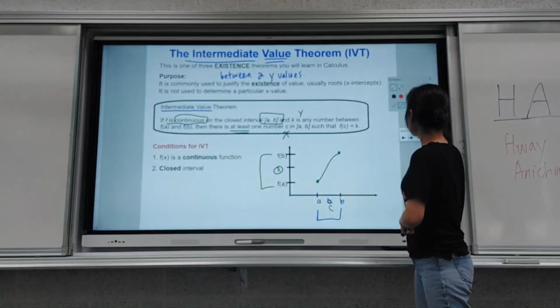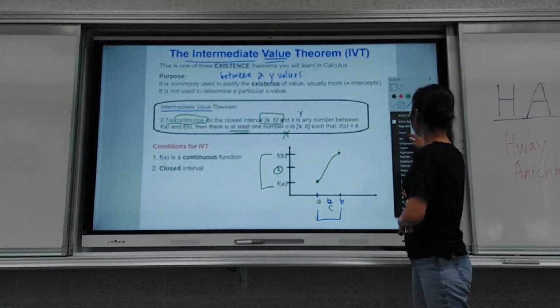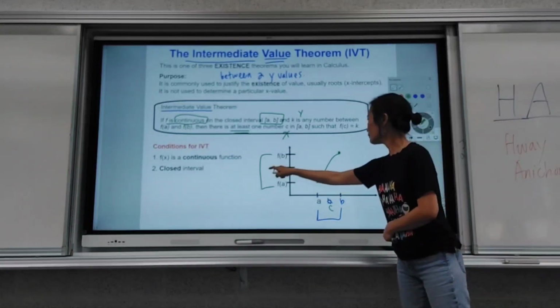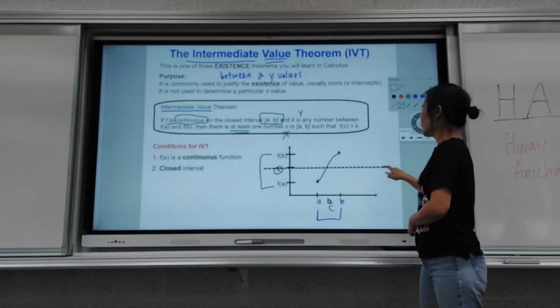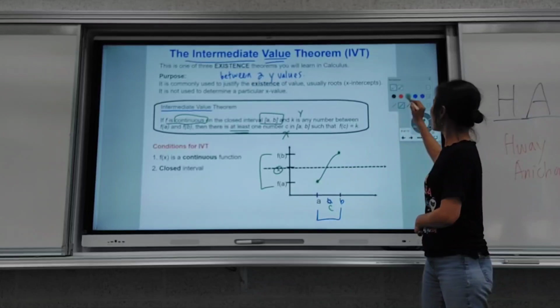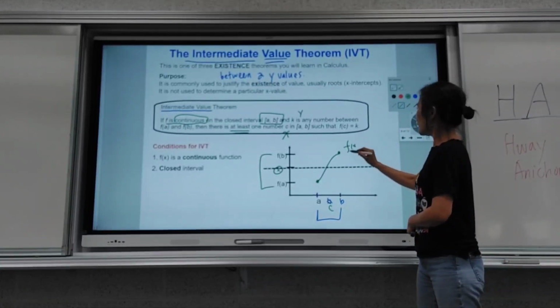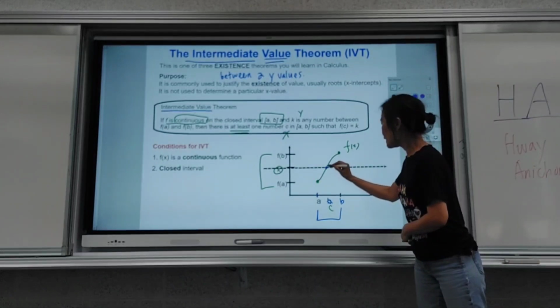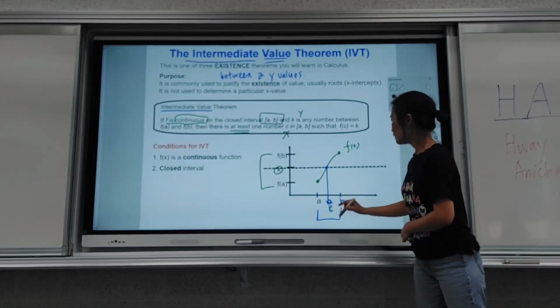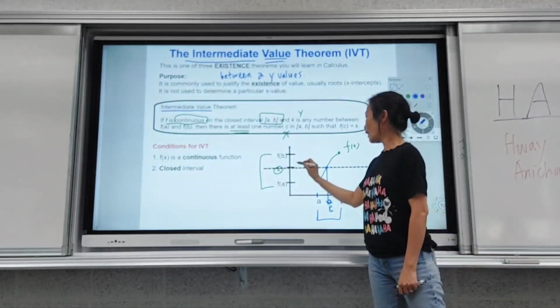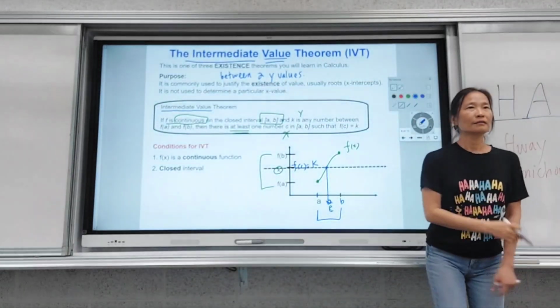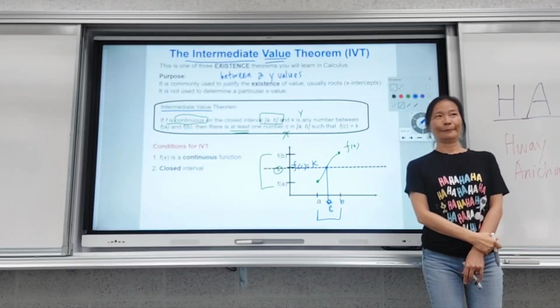If you draw the line here, when f of x equals k, I can find the value C that satisfies what? f of C is equal to k.